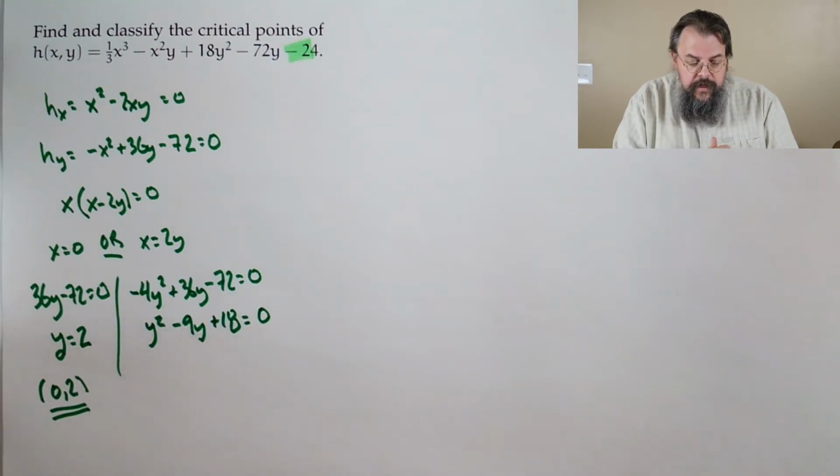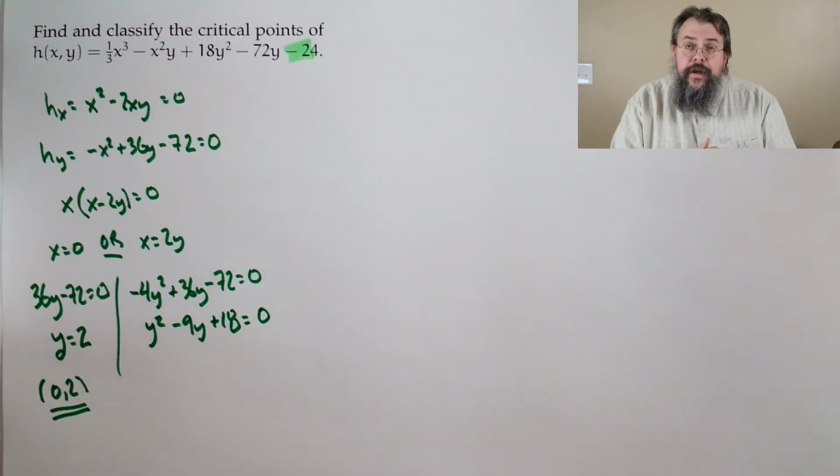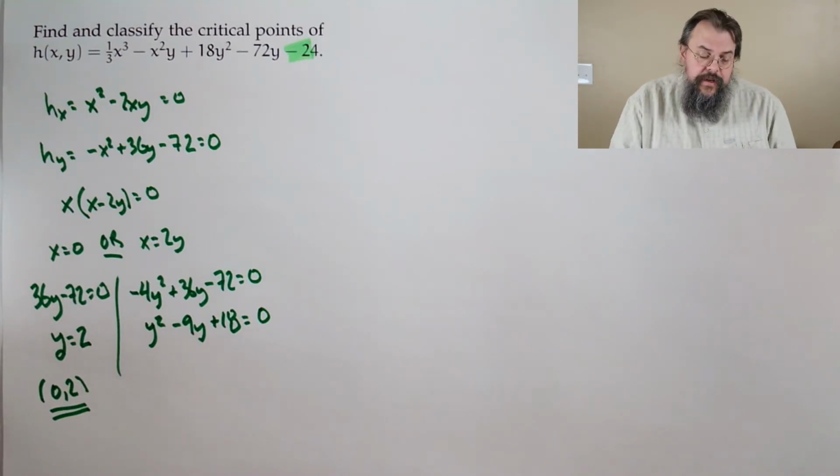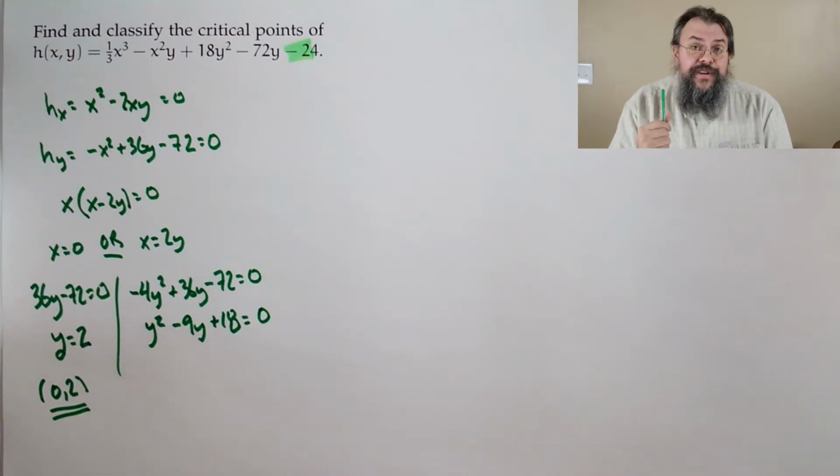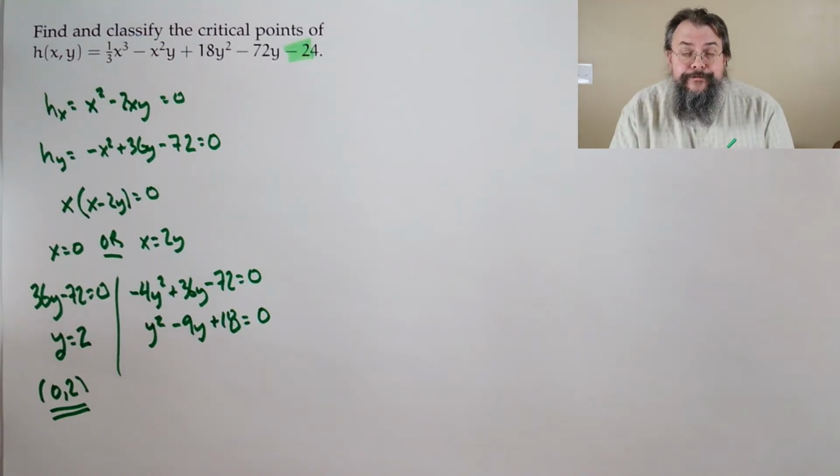Okay, good. So, well, what can we do? Well, we're looking for ways that we can factor. Because it's a quadratic, we like to think it can factor. Are there two numbers that multiply together to give us 18, but would add to give us 9?